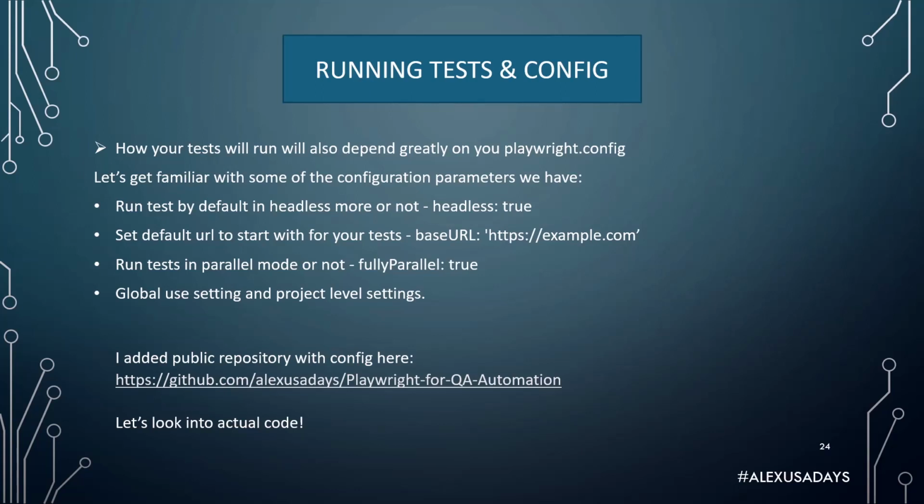You can set your test to start with a specific URL. You can set a base URL. Once your test starts execution, that's the link where the test is going to go by default. You can run tests in parallel, so you can run multiple tests at the same time by setting the fullyParallel option to true. You can also have settings that are on the global level and per-project level settings.